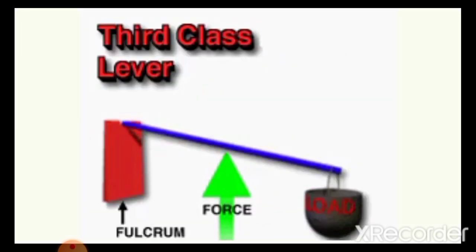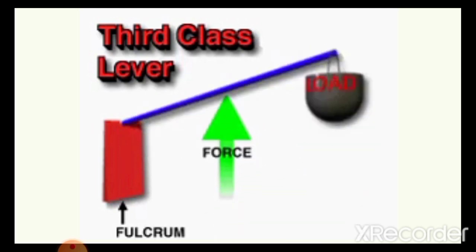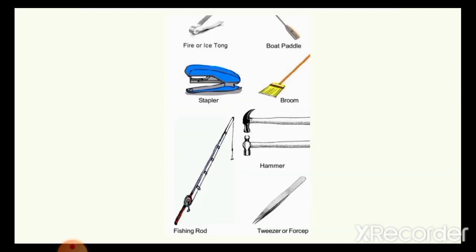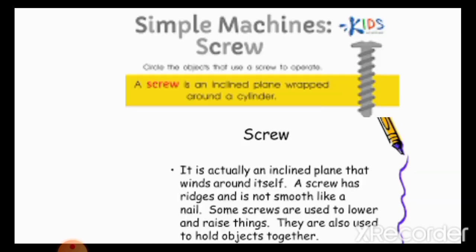The next is the third class lever. This usually has the load at the end instead and the force in between the fulcrum and the load. For example, staplers. If you watch the stapler carefully. Other examples are the baseball bat and so on.